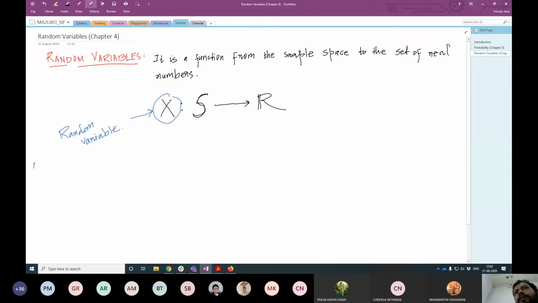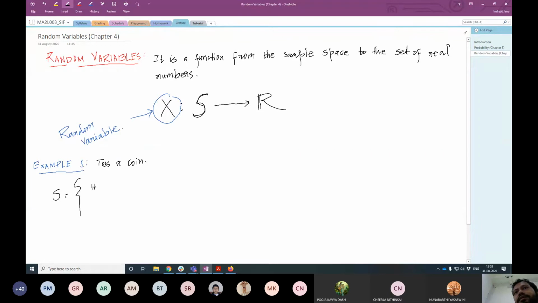So for example, when you toss a coin, you see two pictures.